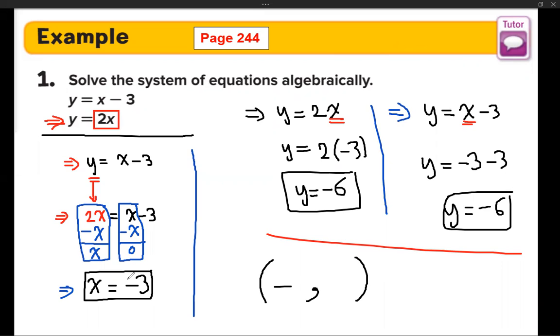It's -3, and the y coordinate, it's -6. What does this point represent? It represents the intersection point between the graph of the first equation and the graph of the second equation. So we can write the full answer for this question as this: (-3, -6). Okay.